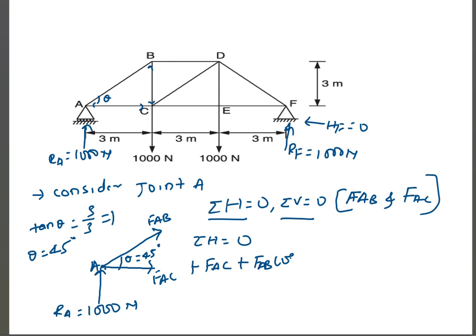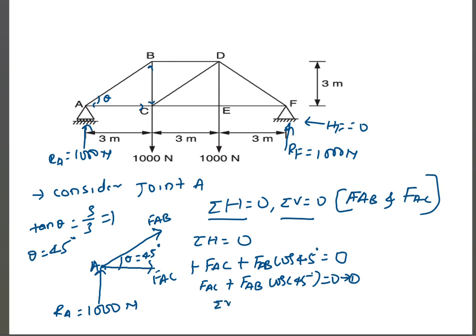So FAC plus FAB cos 45 degree is equal to 0. Here there are two unknowns, FAC and FAB. So keep this as equation 1.